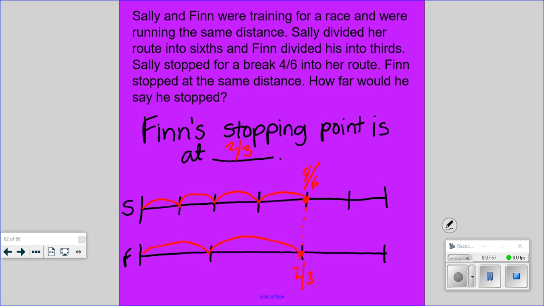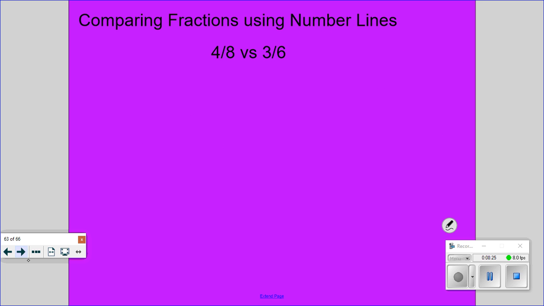It shows that if you're trying to make an equivalent fraction, it usually has a line in between the spaces that you already had, and then you have more spaces, but still the same distance. Nice. That's awesome.